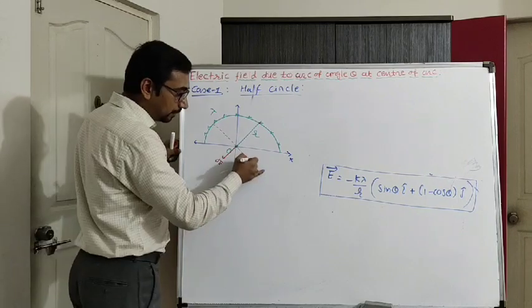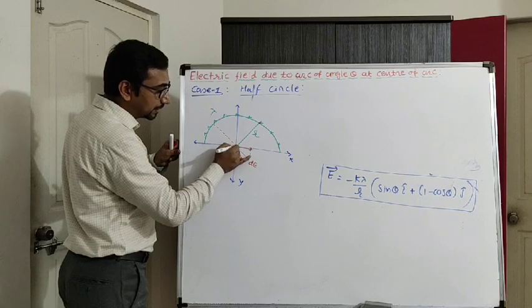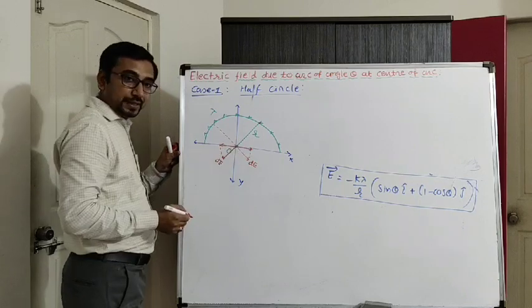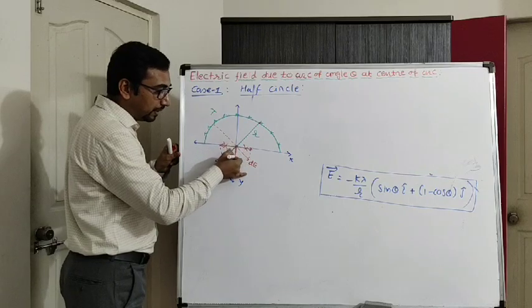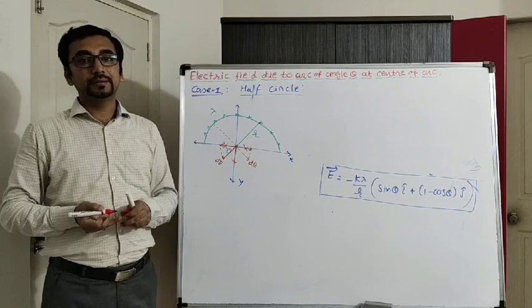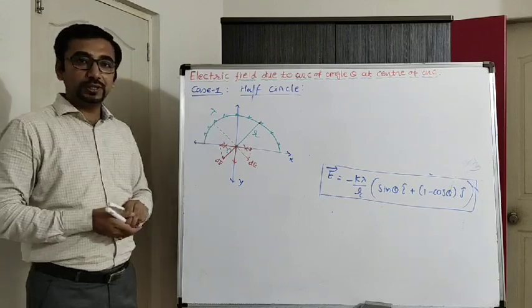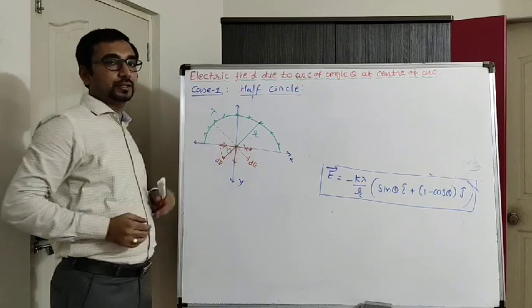So here the components along the x-axis will be in opposite directions and they will cancel each other, and the electric field's y-axis components will add. So in this type of situation, the resultant electric field should be only in the y direction.